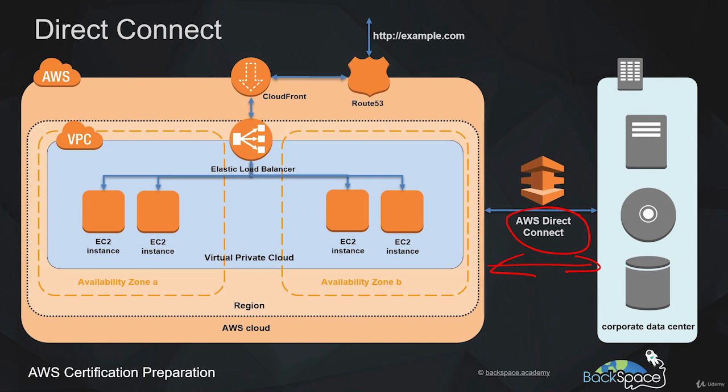A virtual private cloud is your private space within the AWS cloud. The AWS Direct Connect is a high-speed fiber optic network connection between an on-premises corporate data center and the AWS cloud. If you understand that, then you're well on your way to passing the Cloud Practitioner exam.